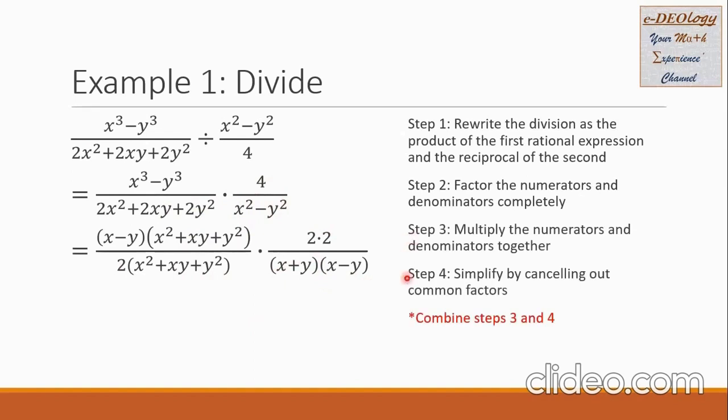For step 3 and step 4, we can combine them, and we can now proceed with the cancellation of common factors. Look at the x minus y here. We can cancel this with the x minus y down here. The trinomial x squared plus xy plus y squared, there is a corresponding factor down here also, so we can now cancel both.